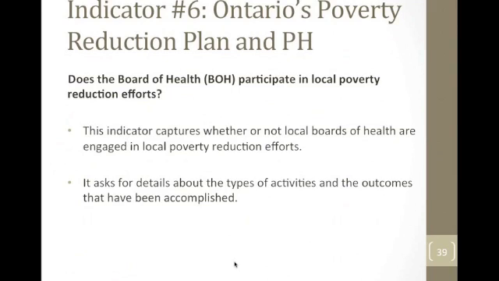And so the indicator asks just a simple yes or no question about whether the board is engaged, and it also asks for details about the types of activities and hopefully even the outcomes that have been accomplished locally. Next slide, please.